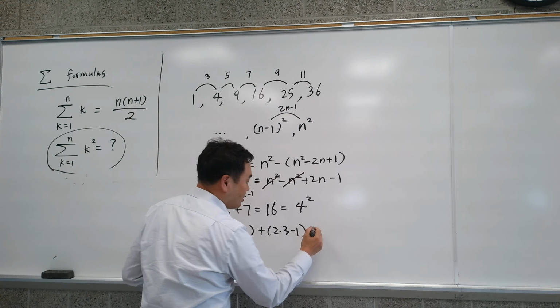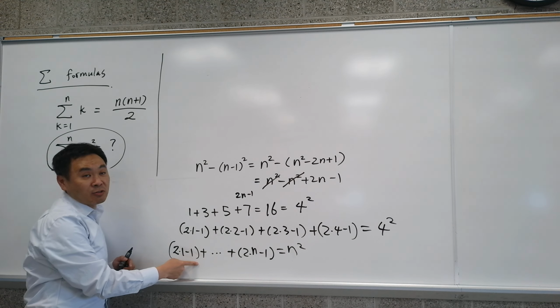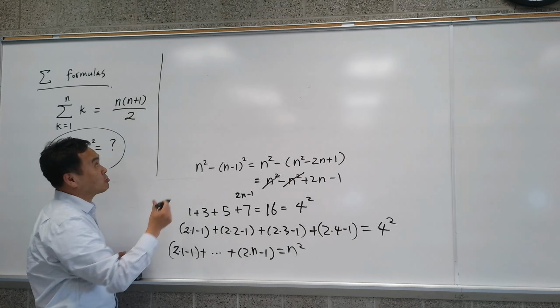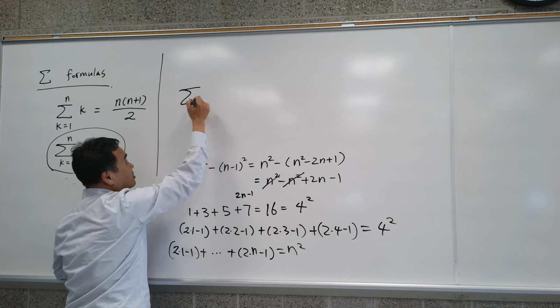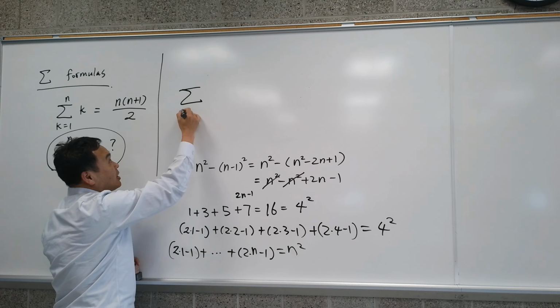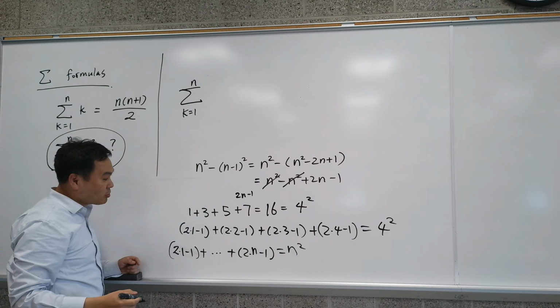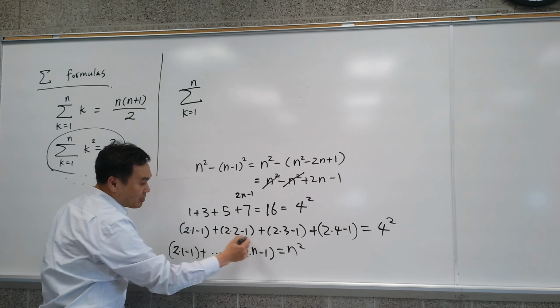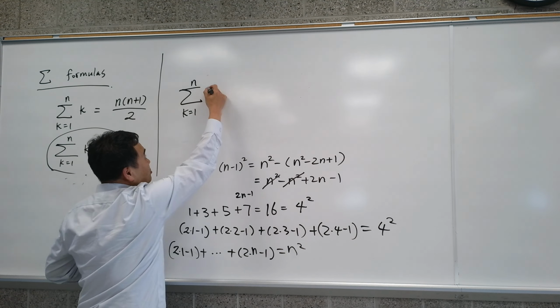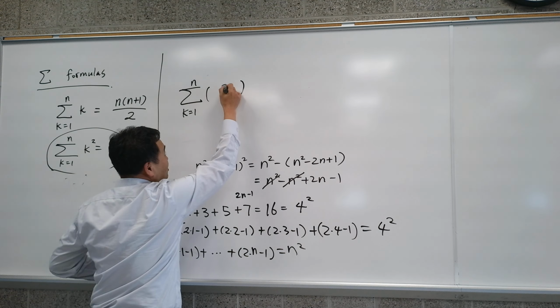Now the next question is, how do you write this as a summation? Let's again use k equals 1 through n. What I want you to do is write the left side in this form. So figure out what goes in here. And of course, the right side is just n squared.